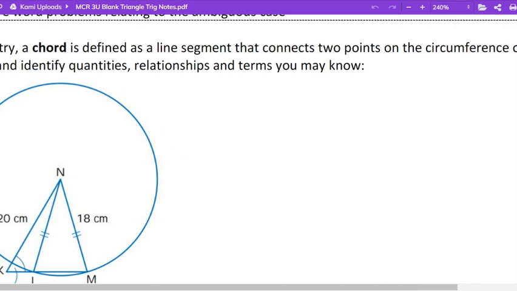This is a chord. Is this a chord? Like going right through the center? Yeah, that's also the diameter. So the diameter is a chord, but a chord does not have to be a diameter. A chord can be all different kinds of lengths. So a chord is basically any line that goes from one edge of the circle to another edge of the circle.